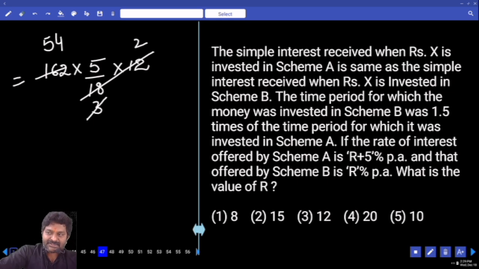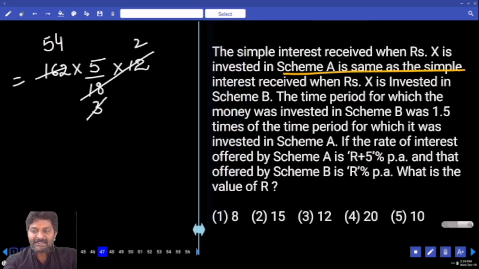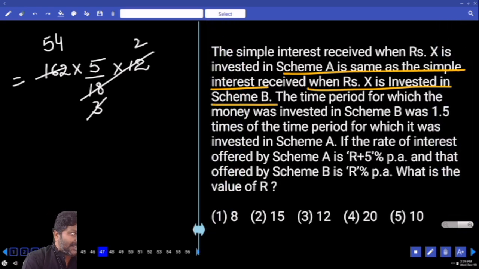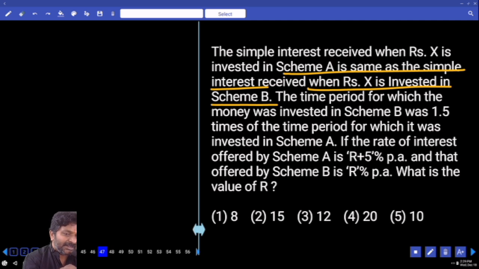The simple interest received when X rupees is invested in scheme A is the same as the simple interest received when X rupees is invested in scheme B. Principals are the same, interests are the same. Correct? Simple interest is PNR by 100. Principal is the same, so the 100 gets cancelled.